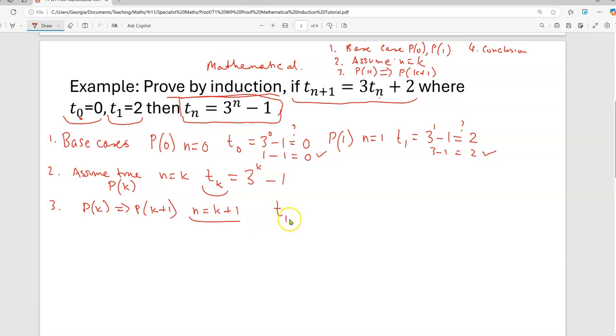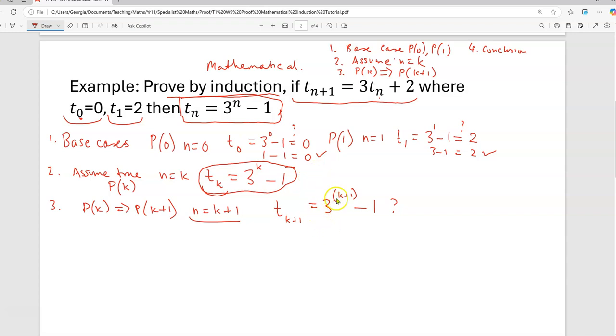T of k plus 1, the k plus 1 term, is that equal to 3 to the power of k plus 1 minus 1? That's the bit we have to prove. And we have to use this previous result to help us do that, which is not always easy because you have to do a lot of algebra.